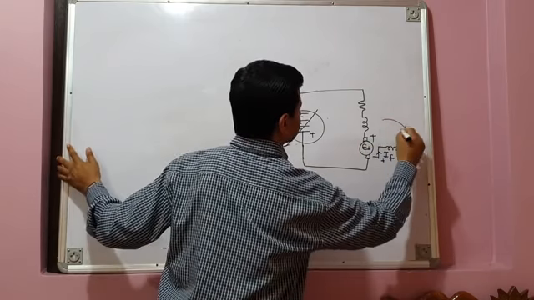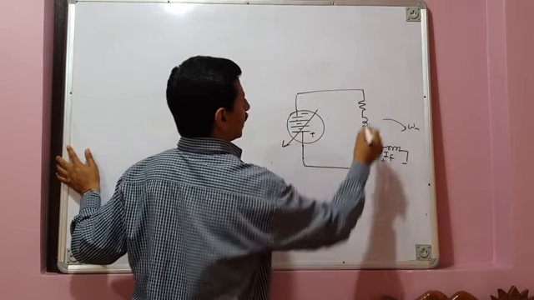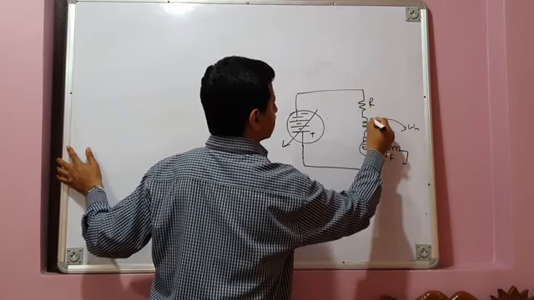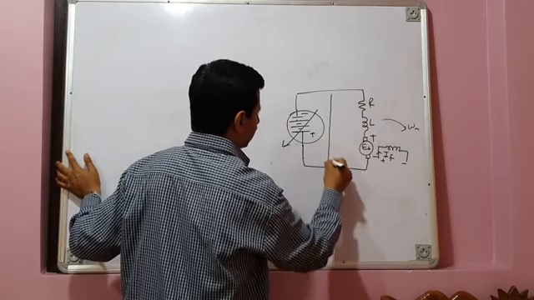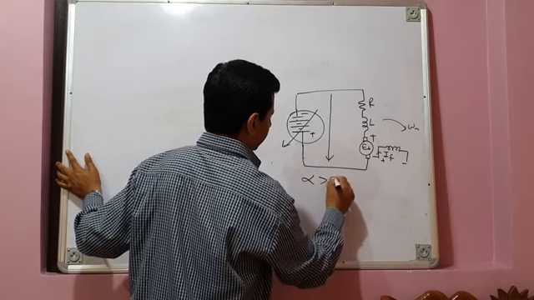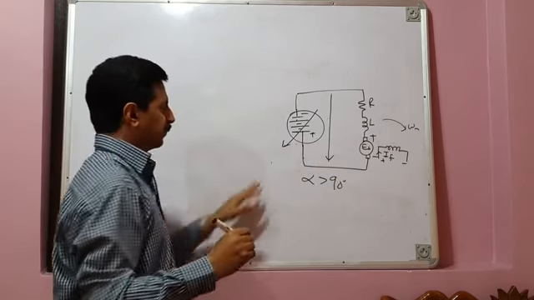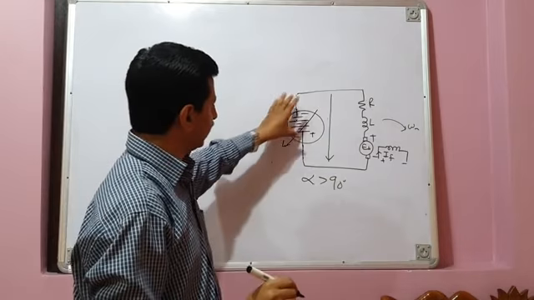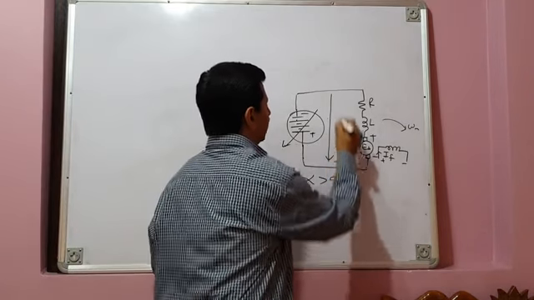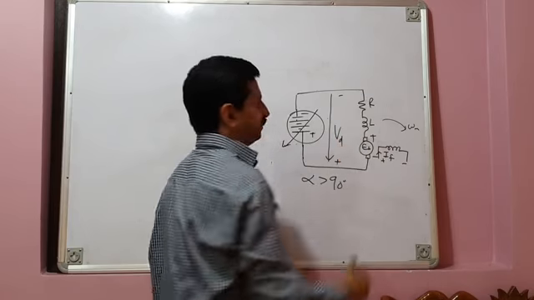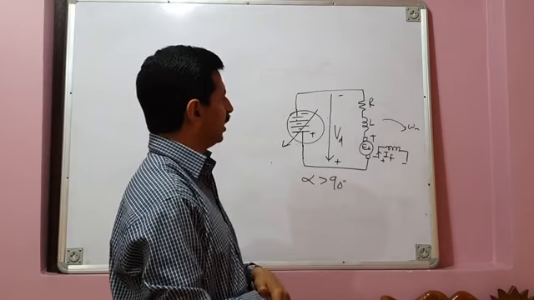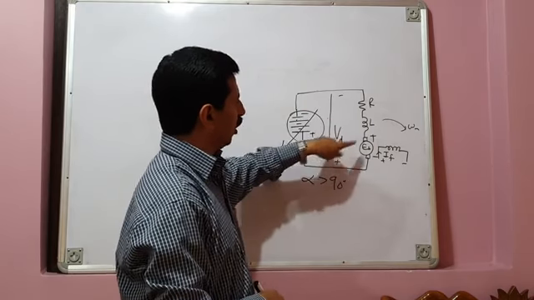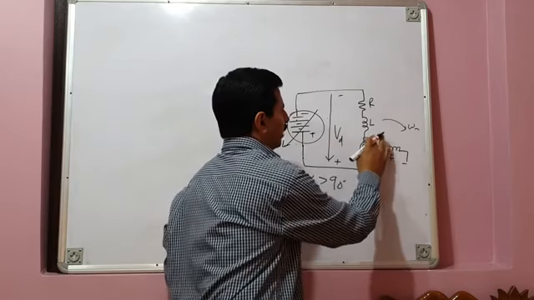Motor is running at certain speed, omega m. This is armature circuit resistance, this is armature circuit inductance, and this is back EMF of the motor. Now, you are operating your converter at alpha greater than 90 degrees. Just now we have seen for alpha greater than 90 degrees, average output voltage is negative. So this is your Vd. And since your average output voltage is negative, for inversion mode of operation, your back EMF should also be negative.